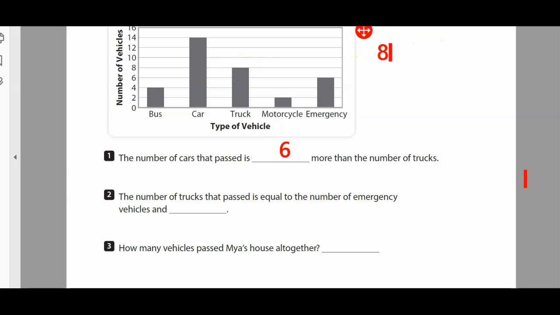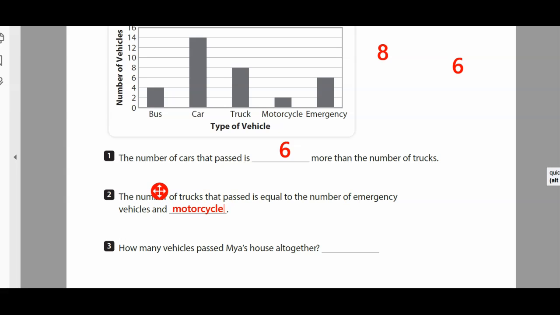Now how many emergency vehicles did she see? 6, right? So 6 plus what gives me 8? 2. So which type of vehicle did she only see 2 of? Motorcycles. There you go.